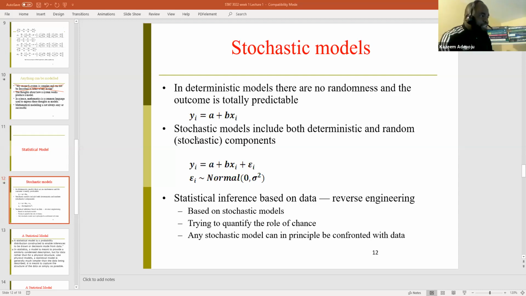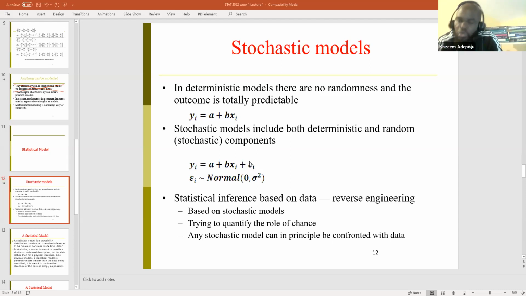But the stochastic model is trying to tell us that reality is not the same thing as the model. There is going to be what we call unexplained variation. There's always going to be unexplained variation. What I'm touching right now is what we call unexplained variation.